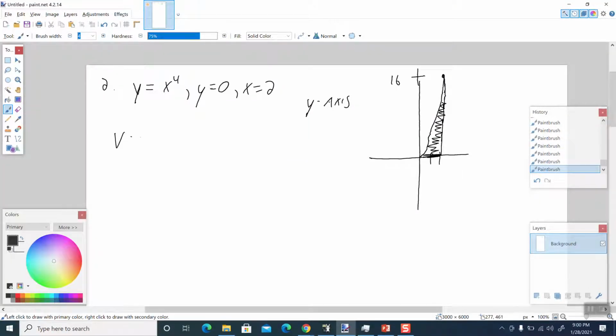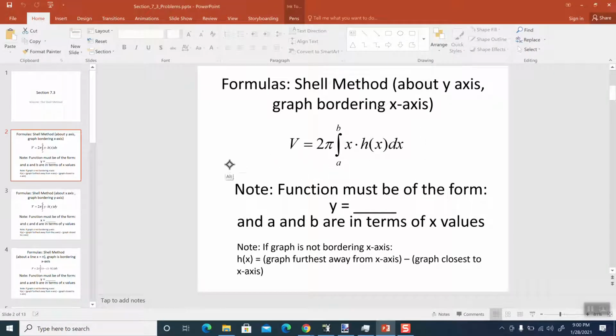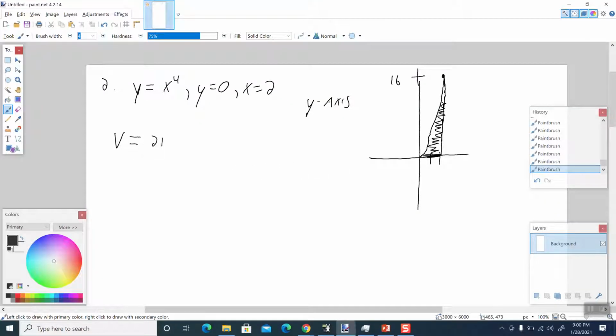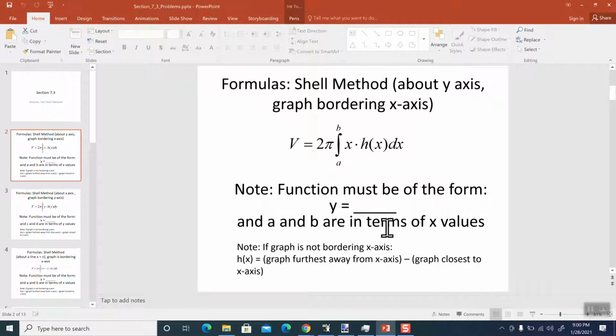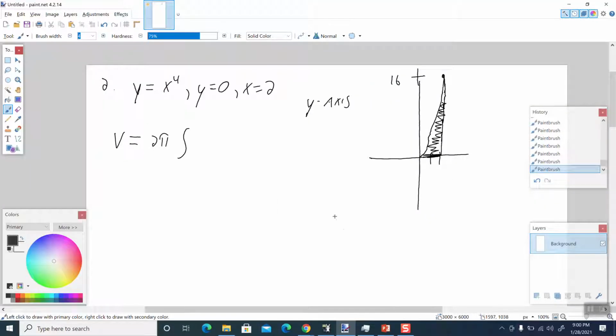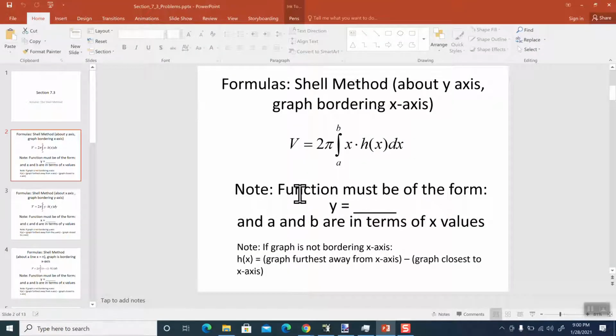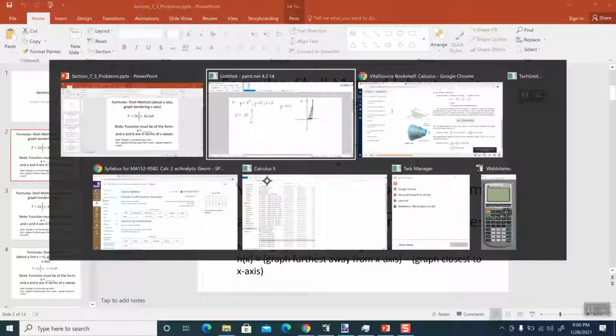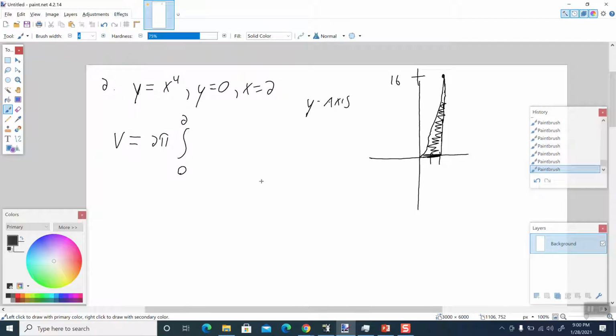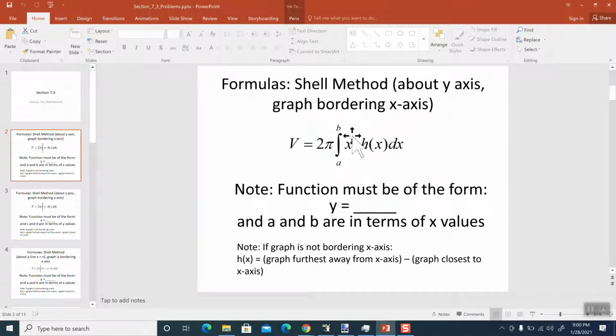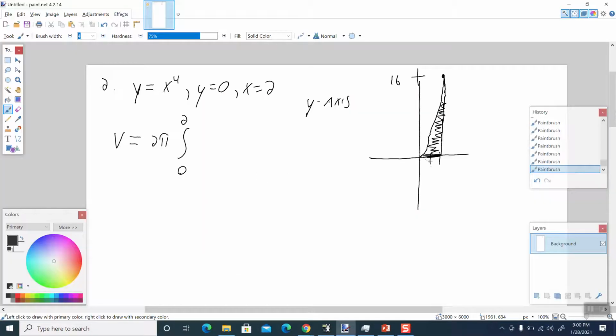So our setup, volume, is equal to 2 pi integral A to B, A and B are in terms of x values. So it'd be what? 0 to 2. Yeah, that's right, because the A and B are in terms of x values, and I didn't write it, but that's 0 to 2.